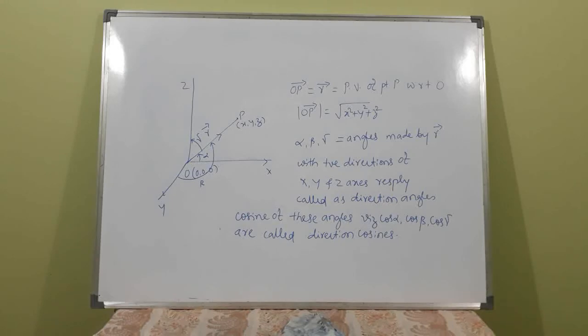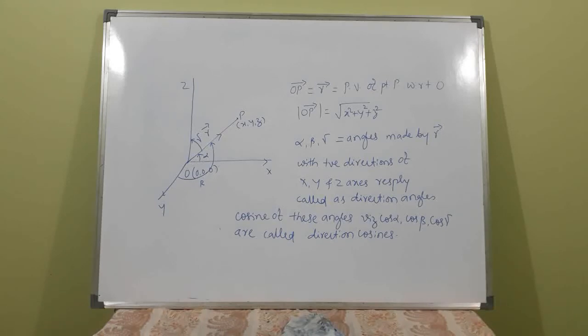Suppose alpha, beta and gamma are the angles made by the vector OP with respect to the x-axis, y-axis and z-axis respectively. That means alpha is the angle made by vector R with the x-axis, beta is the angle made by vector R with respect to the y-axis, and gamma is the angle made by the vector R with respect to the z-axis. These are called direction angles.